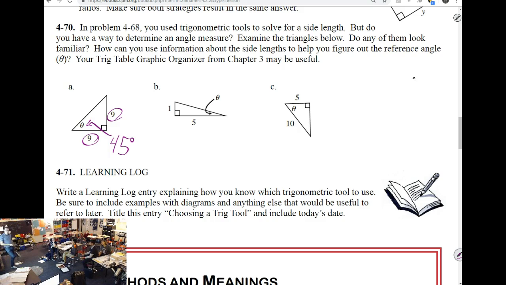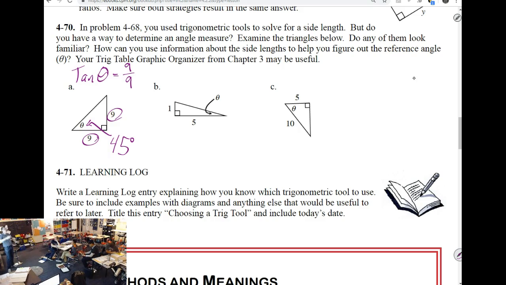Now, you can prove this if you put inverse tangent of 9 over 9. This is why I start you with a really easy one. We know tangent gives you the slope, the rise over run, or 9 over 9, but I don't know my theta. This is why I keep saying you're not solving for a side.